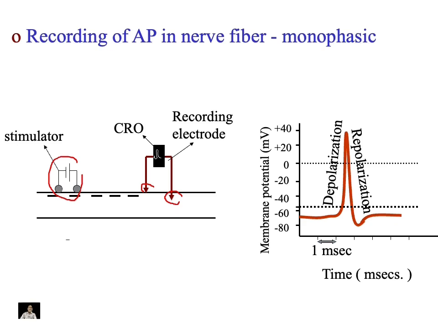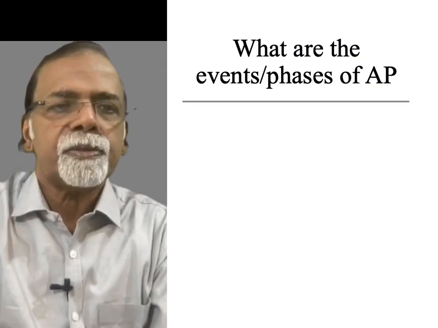Take a bit of paper and draw it and learn, otherwise you will easily forget. The membrane potential is minus 70, threshold potential is minus 55. It overshoots in depolarization, up to near the Nernst potential for sodium, then the potassium channels open and the repolarization wave occurs. The potassium channels remain open for some more time, so it becomes hyperpolarized and later goes back to the normal resting membrane potential.